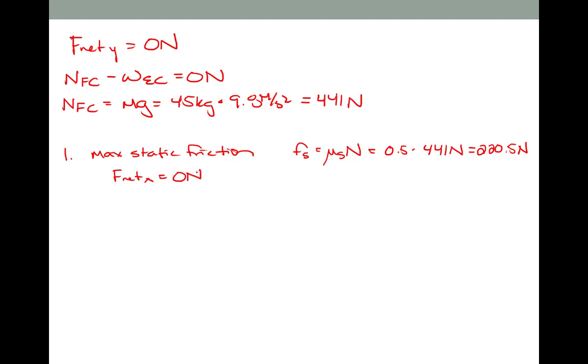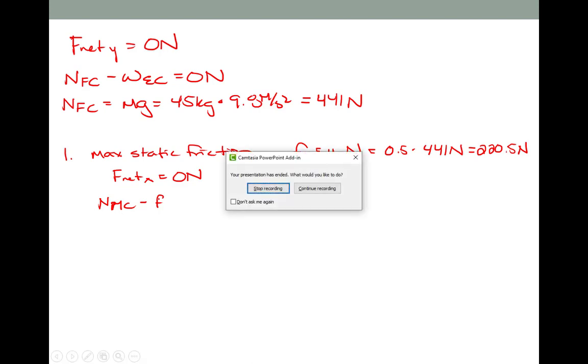Since it is not moving, the net force in the x direction is 0. I have two forces in that direction. I have my push minus the friction.